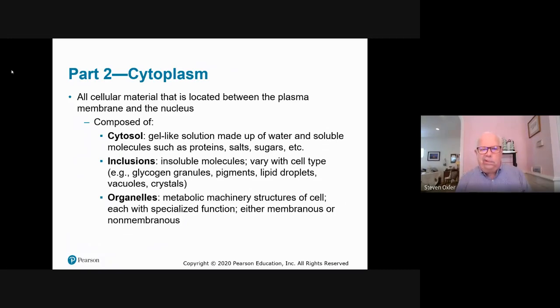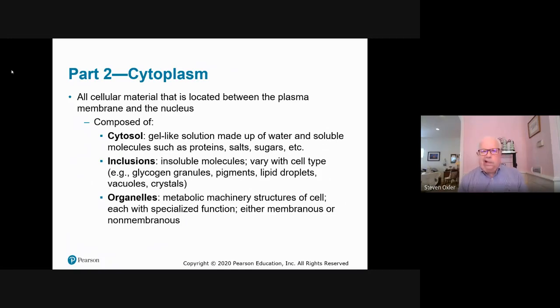Well, it's composed of a gel-like solution called cytosol that's basically made up of water and soluble molecules like sugars and salts and protein. Inside the cytosol are also inclusions: pigments, fat droplets, crystals, holes, insoluble molecules.